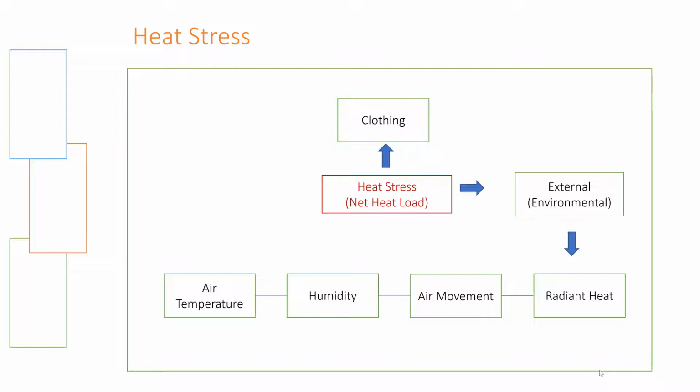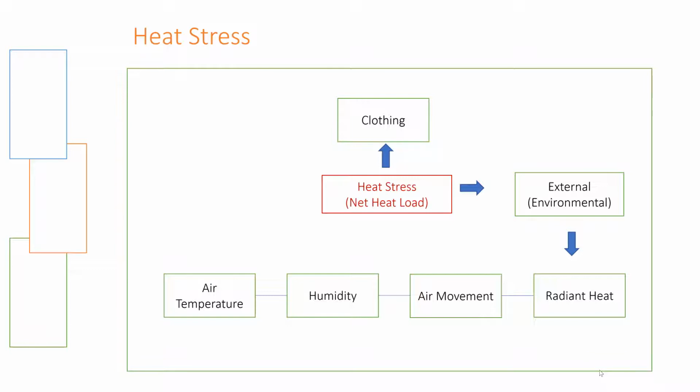When the air contains a lot of water, it makes it a little bit more difficult for sweat to evaporate off the surface of your body, and if sweat does not evaporate off the surface of your body, then the cooling effect is lost.